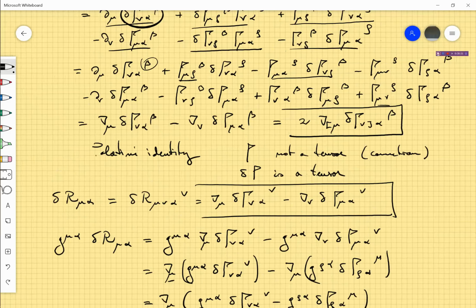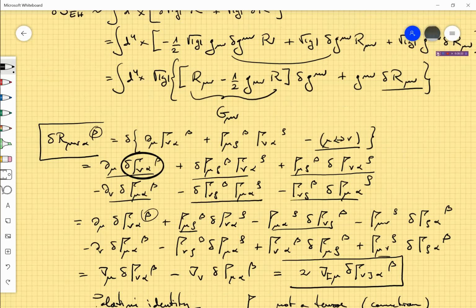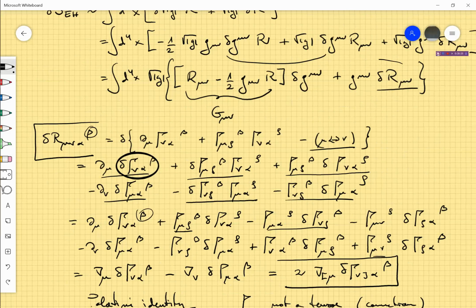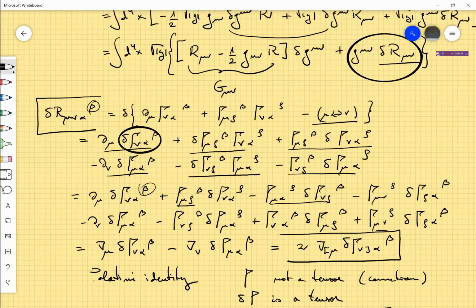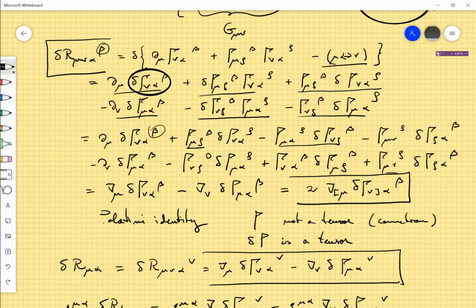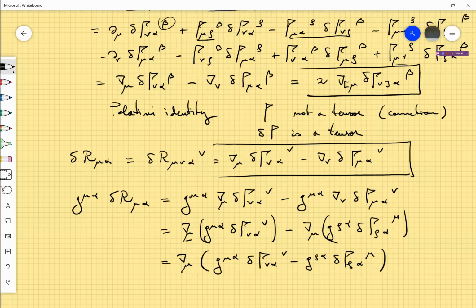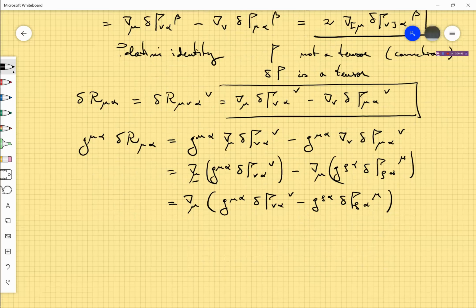The conclusion is that we just proved that this term is a total derivative. Okay, then now the question is, can we show that this total derivative vanishes using the boundary conditions delta g mu nu on the boundary equal to 0? Well, the answer is no.